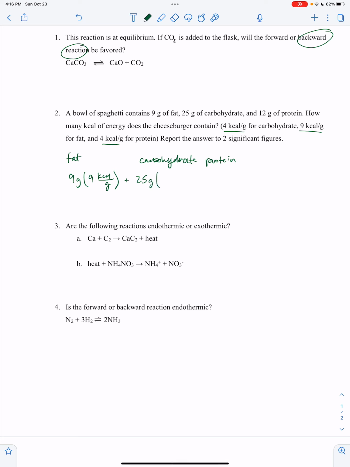Let's multiply times 4 kilocalories per gram, plus 12 grams of protein times 4 kilocalories per gram. So all of these grams will cancel.